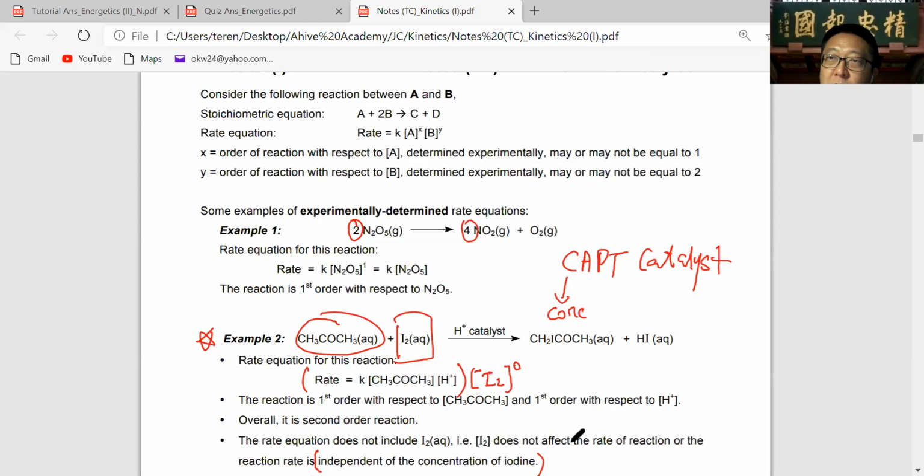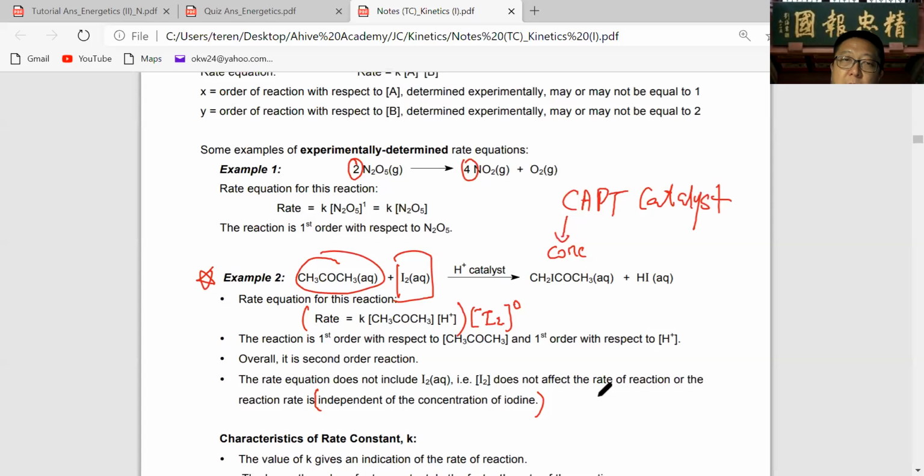Then they totally blur. But now you're at A level, you must understand the concept of order of reaction and the implication, and then reconcile with what you learned at O level. Then it makes sense to your understanding. Provided it is at least first order.